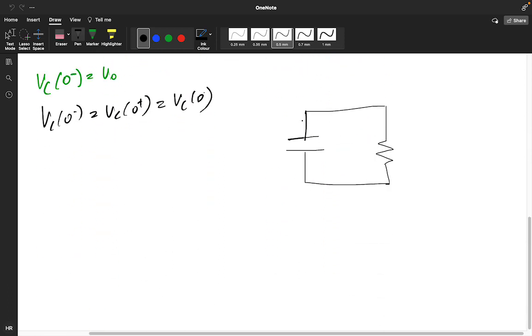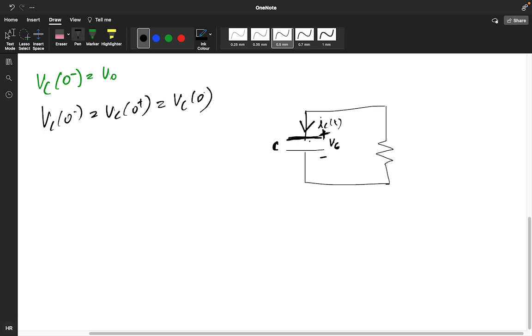And I had assumed current directions in this way only. IC of t I am taking, and this is my C, and the capacitor polarity I am getting positive negative, that is my Vc only. Okay, my circuit is becoming like this.